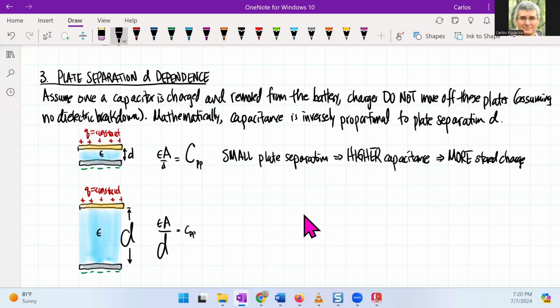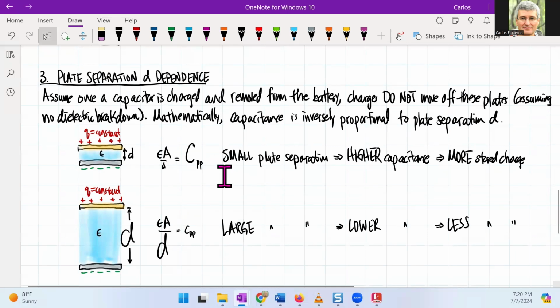The same thing happens with this one. The fact that there is a large plate separation, that means that this has to have a smaller, or maybe not smaller, but lower capacitance value, which means that it stores less stored charge here.